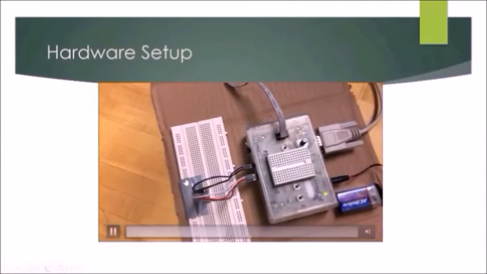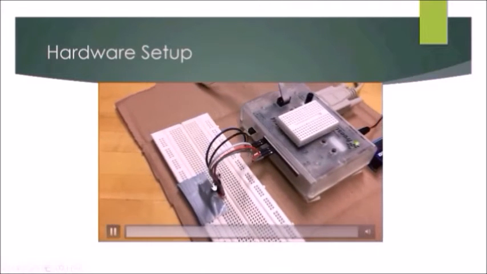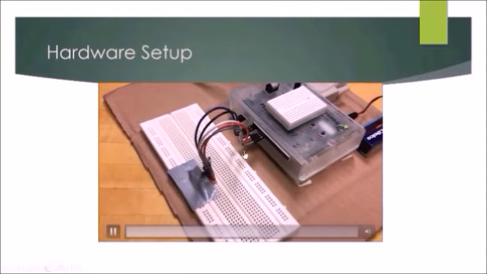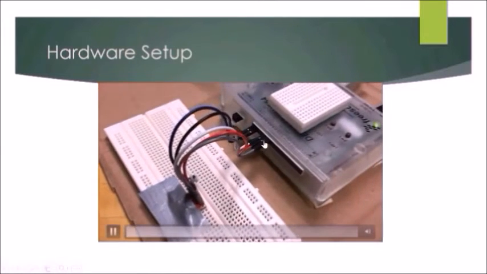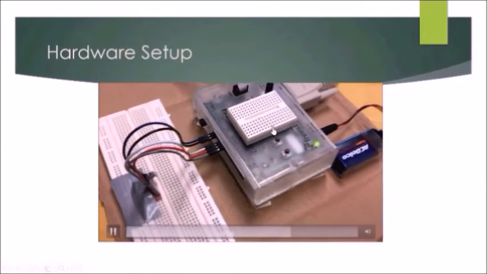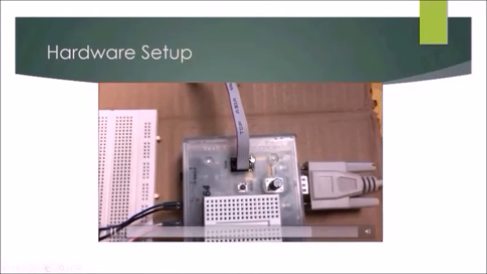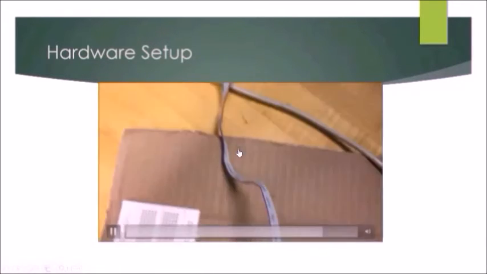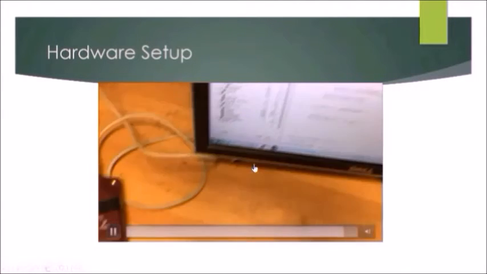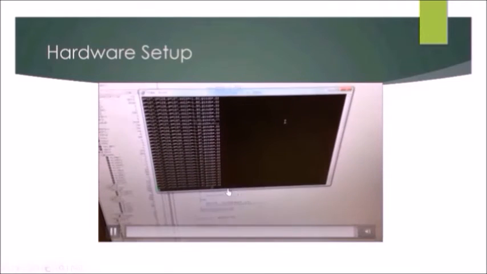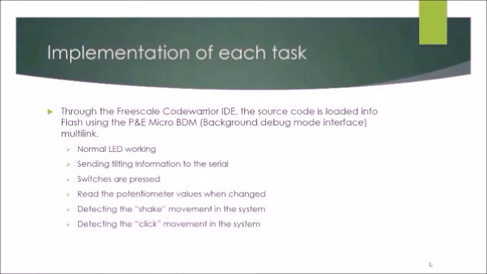On the other side, this is the accelerometer ADXL335. It has 5 wires connected with the microcontroller board, and this is the BDM connection which, as I said in the previous slide, is used to dump a program from the computer to the microcontroller. And I think this is all for our hardware setup.